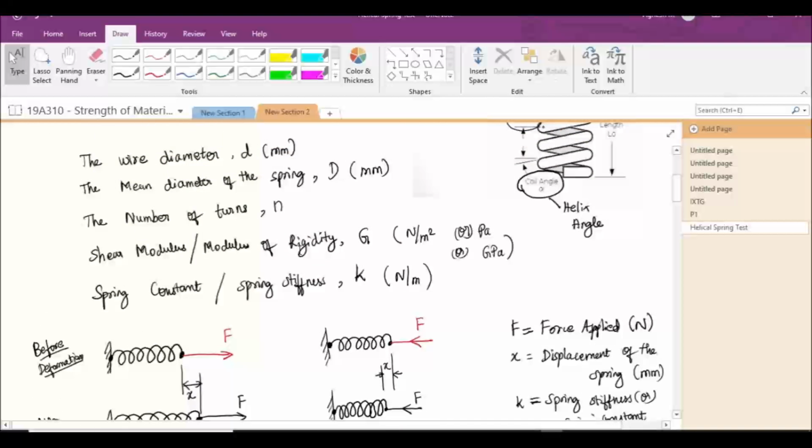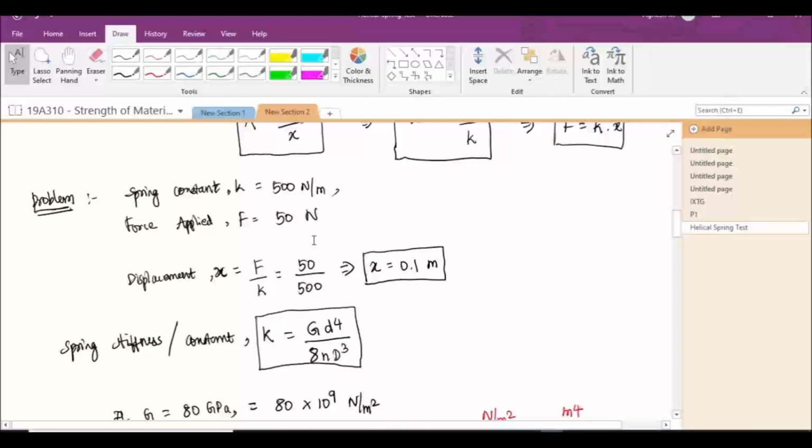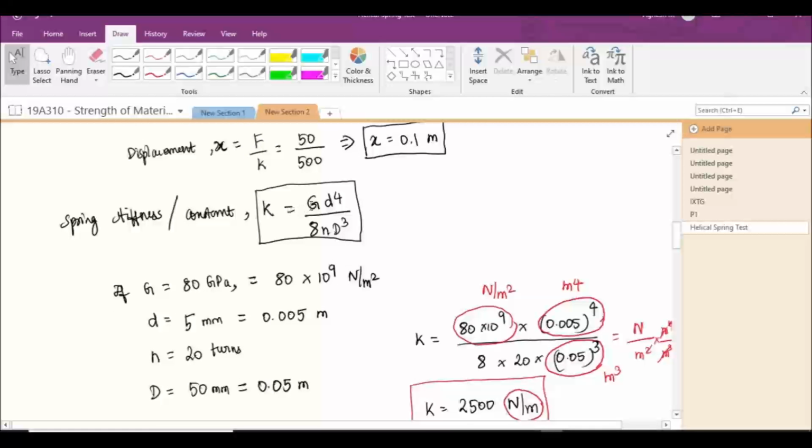But before manufacturing, or while designing itself, if I need to find out the stiffness of the spring by knowing the material property and the dimensional property of the spring, this is the formula. So K is equal to G into d power 4 divided by 8 n D cube.